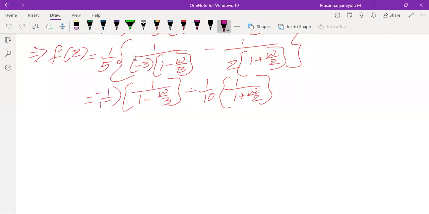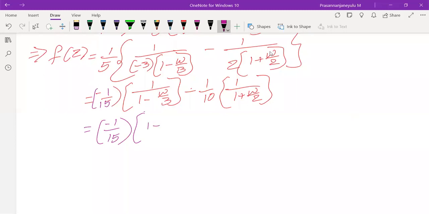Now, minus 1 by 15 into, inside the brackets, what is the expansion we have to take? 1 by 1 minus z. What is the expansion of 1 by 1 minus z? 1 plus z square and so on form.